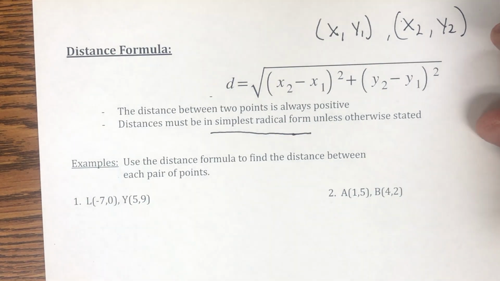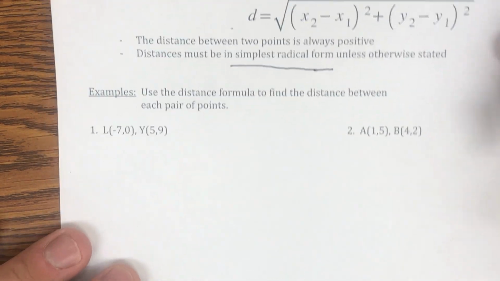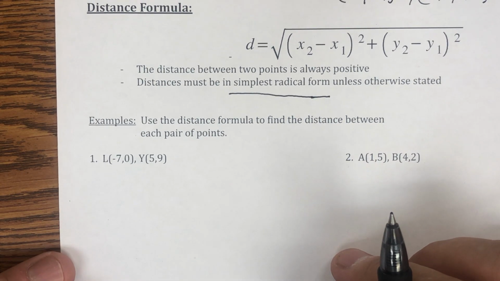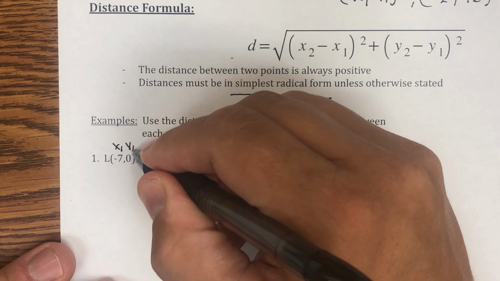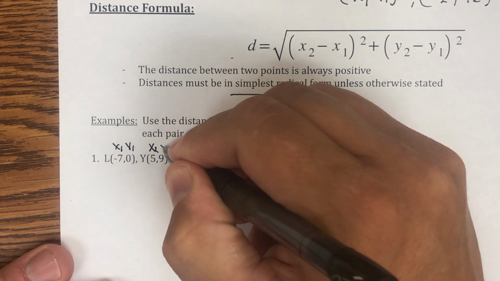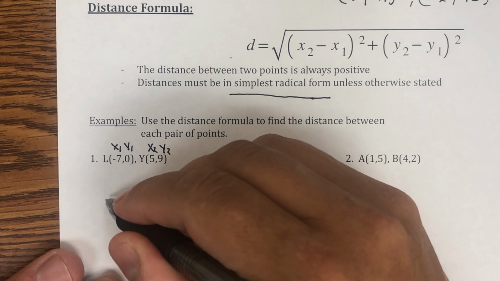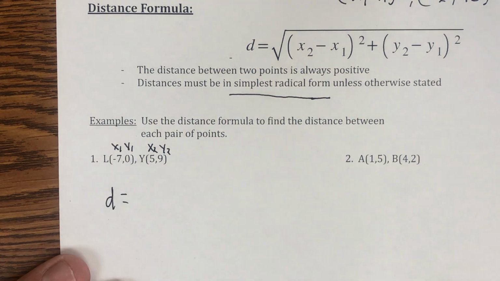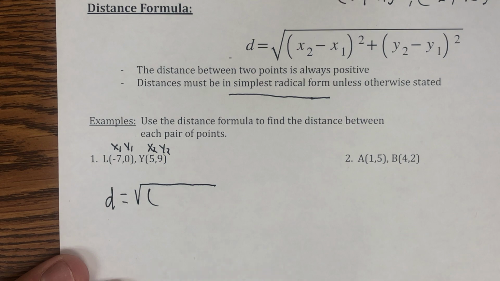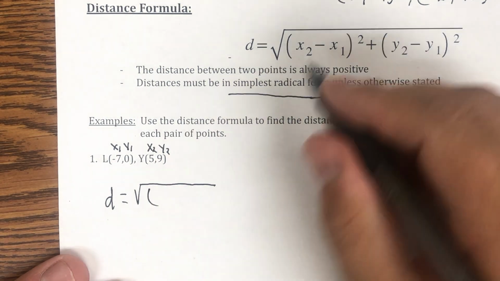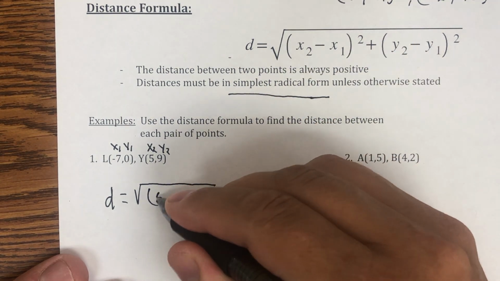All right, so we're going to hop into the first example and just substitute into the formula. Make sure we can see the formula at the same time. So first point, x1, y1. Second point, x2, y2. Substituting it in, the distance between the 2 points is equal to the square root of parentheses. x2 is 5, so 5 goes in for x2.